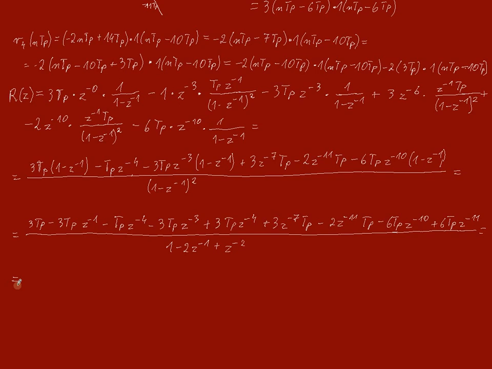In the numerator, if z to a given power occurs more than once, it must be taken out of brackets or summed if possible.